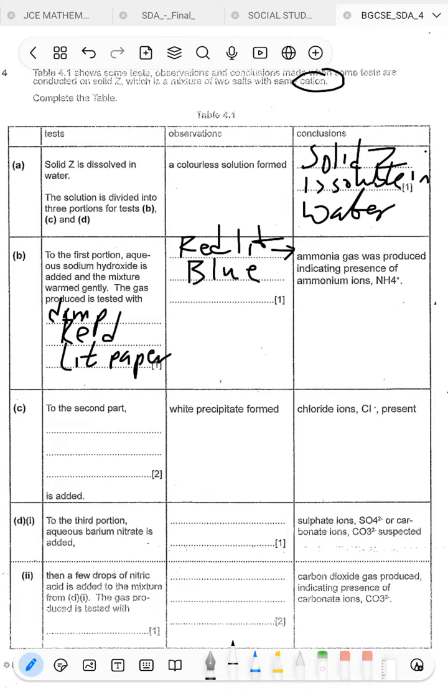So we're going to add acidified silver nitrate. Okay, you're wondering, 2 marks. You get 1 mark for the acidified part. You don't need to be specific that you are acidifying with dilute nitric acid, but you just need to keep that at the back of your mind. And then also we're going to be using what? Silver nitrate.